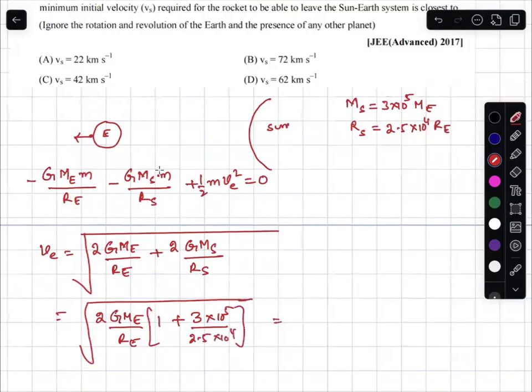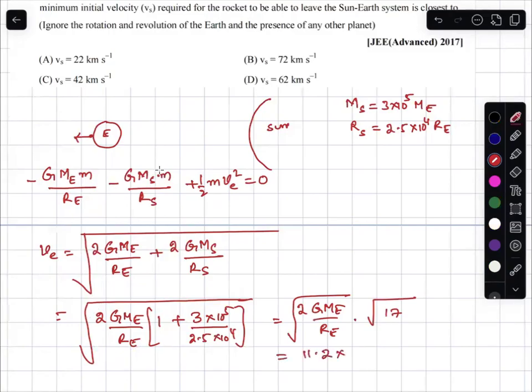Trust me, this entire part under root will be 11.2. So 2 times GME by RE times root, this becomes root 17 nearly. Root 17. Yes or no? Now, this is already 11.2.